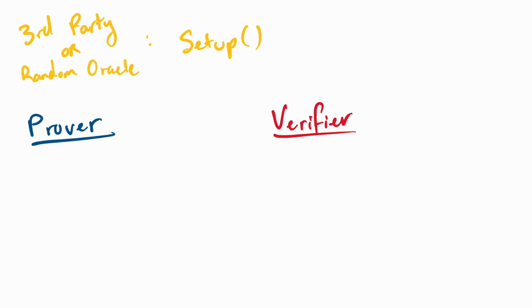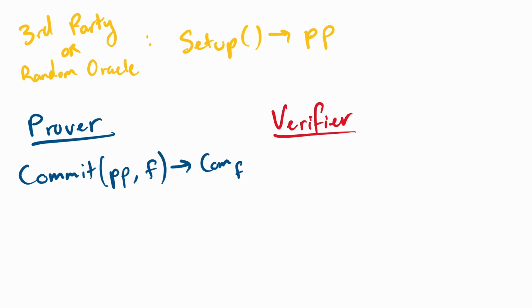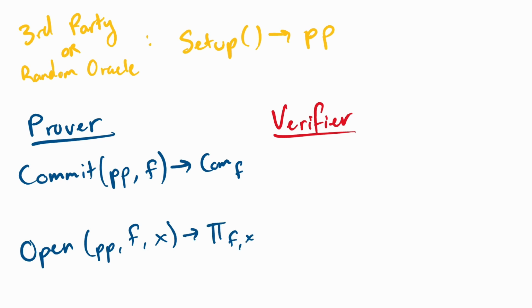Suppose there's some trusted third party or random oracle. They have a setup algorithm which produces public parameters for everyone. The prover has a function called commit that takes in the public parameters and a function f, and produces a commitment to the function f. At a later point in time, the prover has an opening function which takes in the public parameters, f and x, and produces some auxiliary information which should hopefully attest to what the evaluation of f on x is.